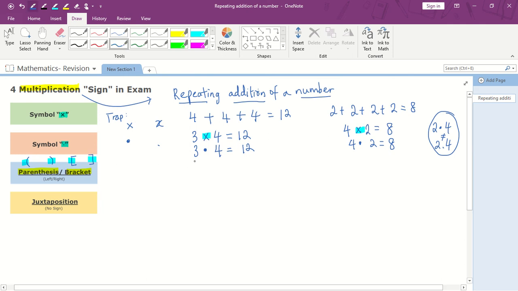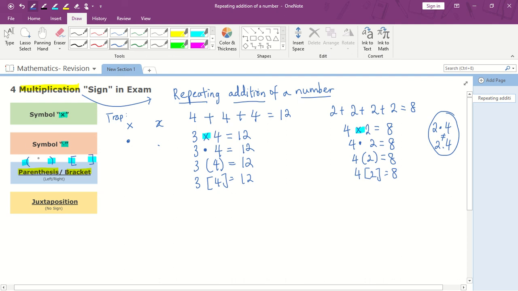For example, you can see here 3(4) is equal to 12. 3 parenthesis 4 is equal to 12. 4 parenthesis 2 is equal to 8. 3 bracket 4 is equal to 12. 4 bracket 2 is equal to 8.